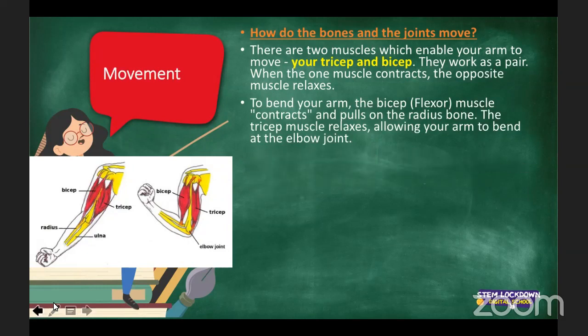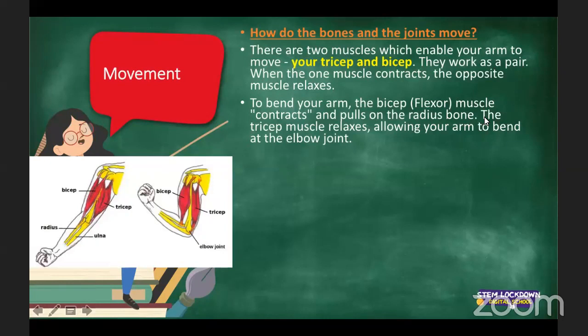To bend your arm, this will be your bicep. Both arms in this picture show an example of a bicep. As I said, this one is an extender, this one is a flexor.